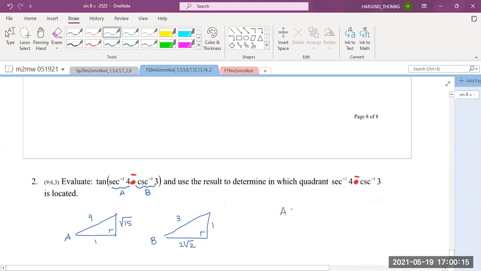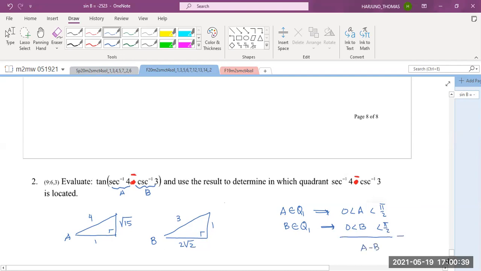If A is in quadrant 1, which implies A is between 0 and pi over 2, and B is also in quadrant 1, which means B is also between 0 and pi over 2, then what happens if you subtract them?